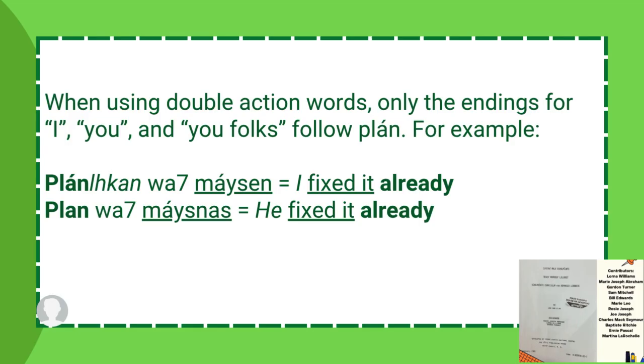When using double action words, only the endings for I, you, and you folks follow plan. For example, Planchcanwamation. I fixed it already. And Plantwamashnash. He fixed it already.